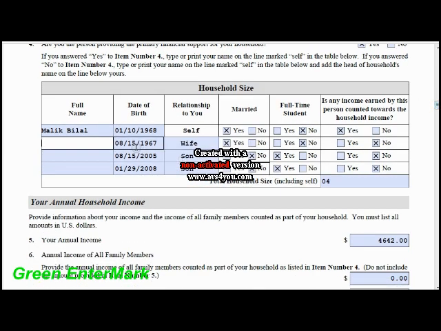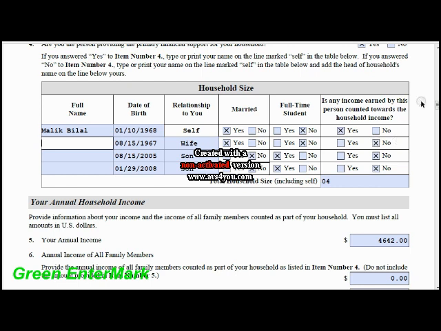And if any family member is getting any means-tested benefit or earning any income, you have to mention that here.